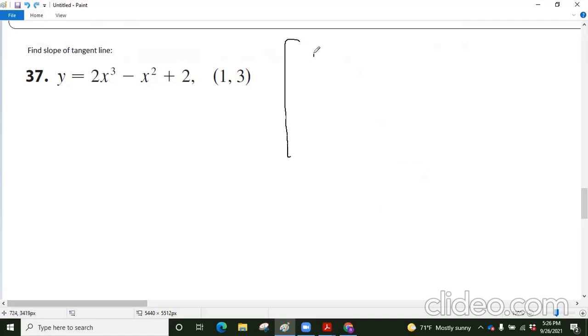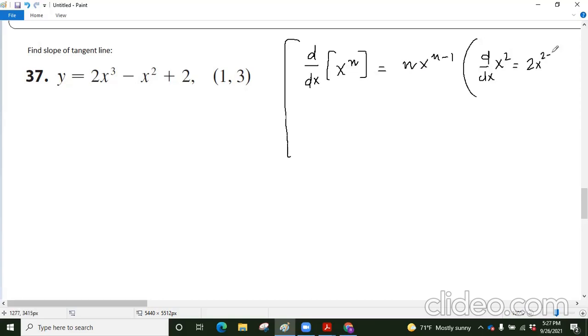And what we want to remember for this case is that the derivative d over dx of x to the n is equal to n times x to the n minus 1. So for example, if I say x squared, the derivative of that is just 2x to the 2 minus 1, which is 1. So that's just 2x to the first.